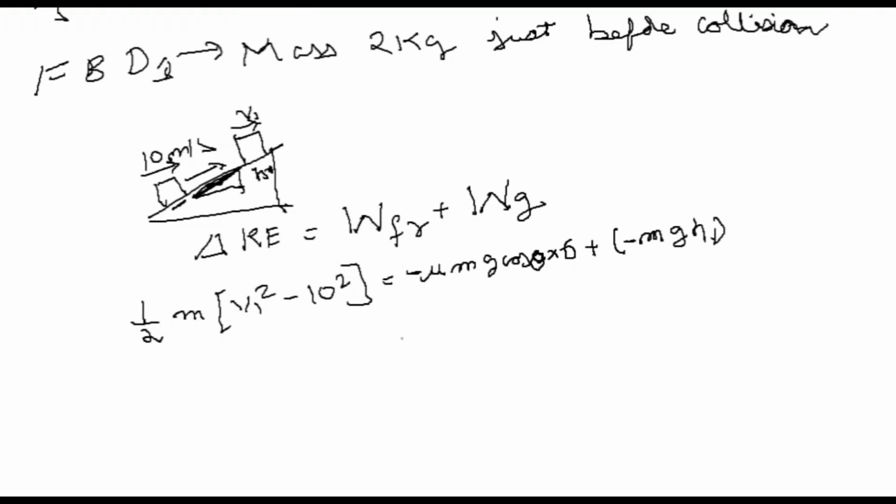So the equation is simplified as minus mu mg cos theta into 6 minus mg into 6 sin theta. Now we have to simplify this.